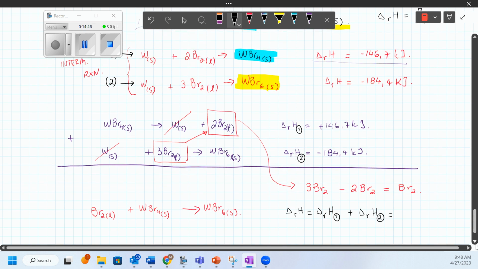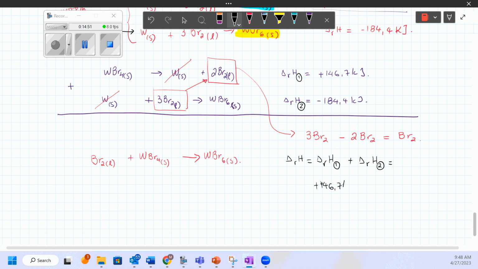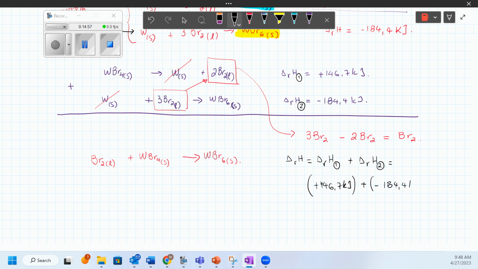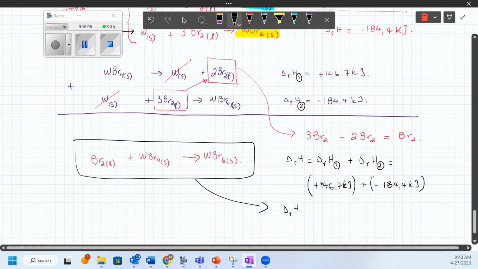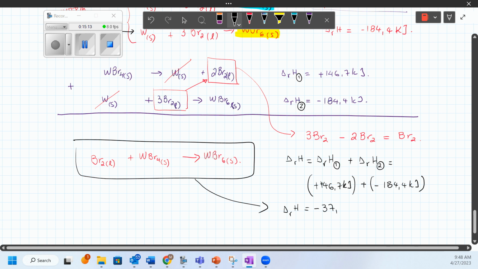Or in other words, it will be positive 146.7 kilojoules plus negative 184.4 kilojoules. So the enthalpy of the focused reaction, this one here, that we wanted to calculate, will be negative 37.7 kilojoules. And this will be the final answer.